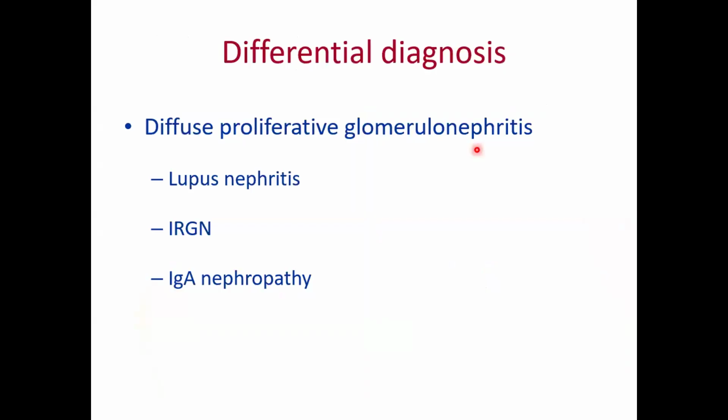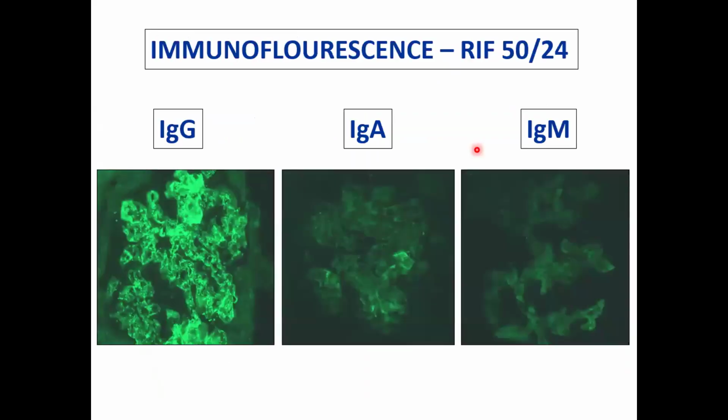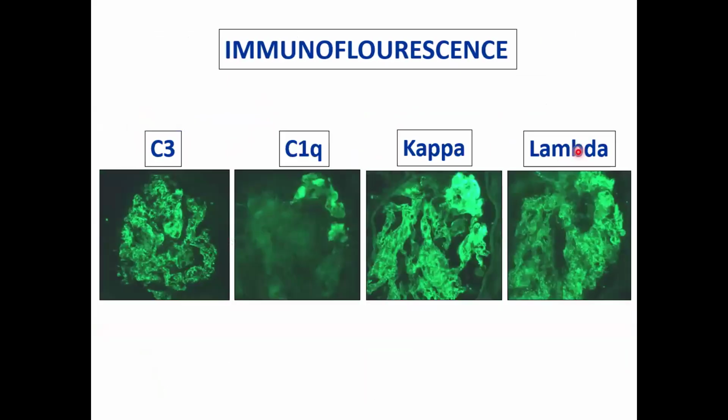Histomorphologically, it is a diffuse proliferative glomerulonephritis, and the DDs were lupus nephritis, IRGN, and IgA nephropathy. In immunofluorescence, it showed IgG 3+ granular, IgA 2+, and IgM negative.